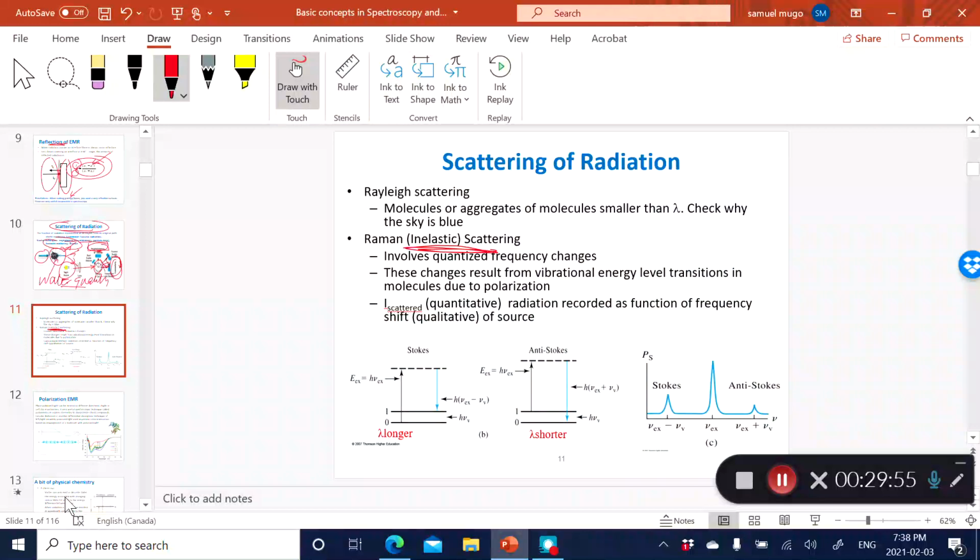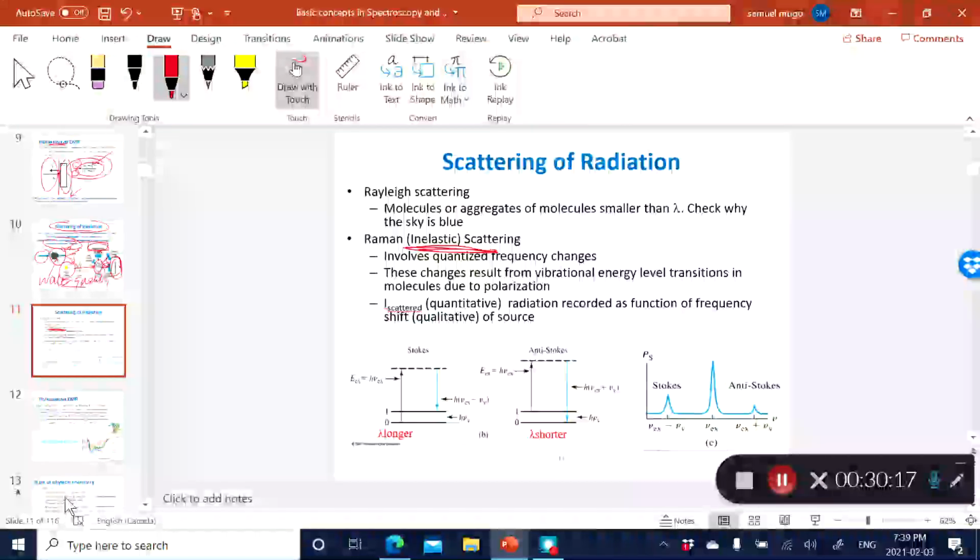And the difference is because of electronic transition of electrons from the ground state to a higher energy state. So take note of that. With Raman, the scattering is resulting in a quantized electronic transition.